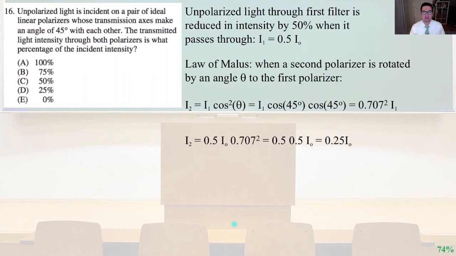And so in terms of I0, I2 equals 0.5 I0 times 0.707 squared. 0.707 squared is 0.5, so 0.5 times 0.5 times I0 equals 0.25 of the initial intensity. And so that is answer D.